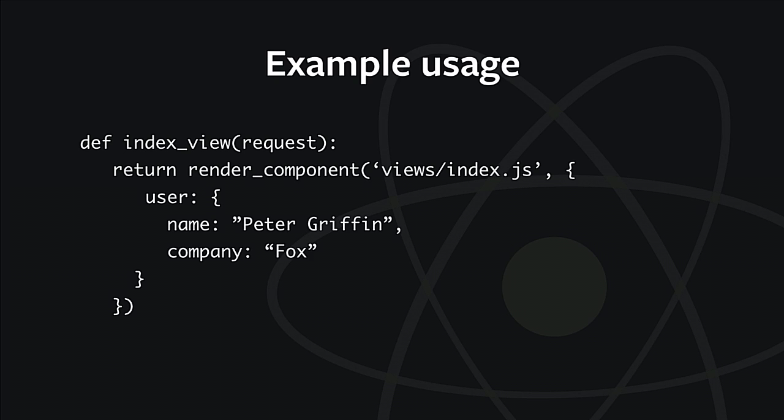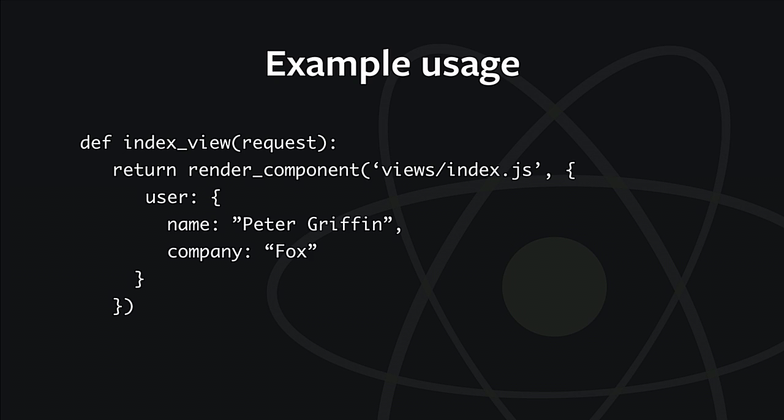We just have an index view in our Django application, and we render whatever component we want, passing some props. So imagine we are Family Guy fans, and we want to render the Peter Griffin page. So we have name Peter Griffin, and we have the company Peter Griffin Fox, I guess.